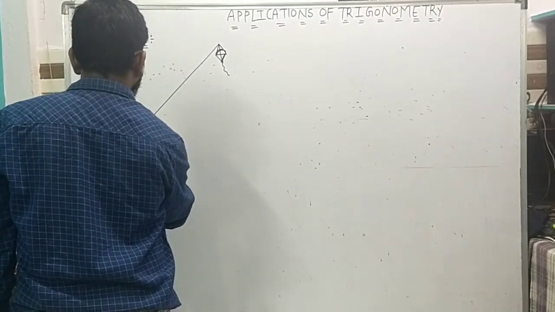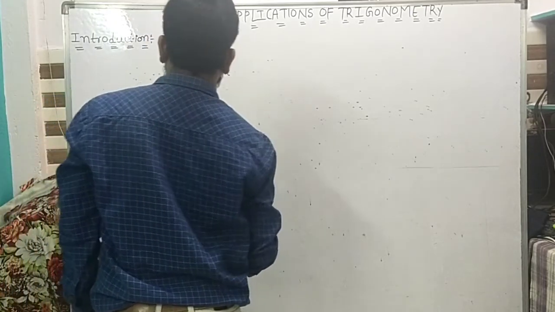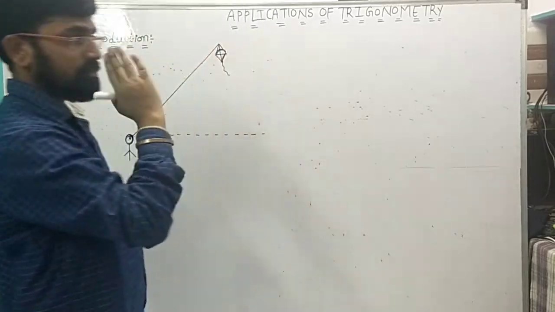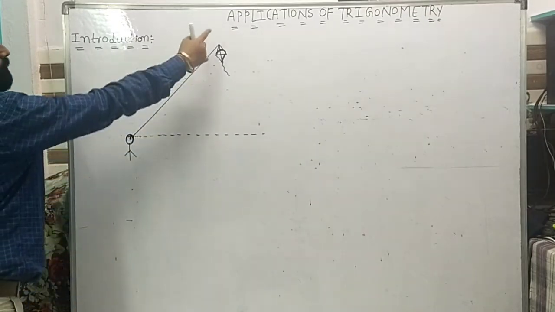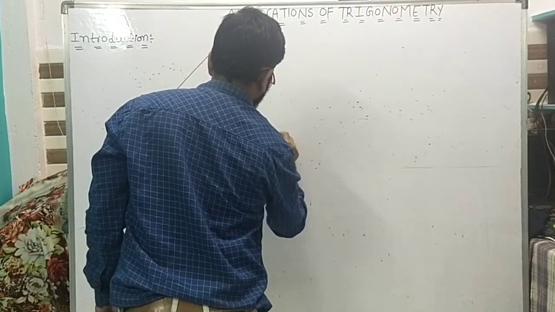Now this is called the normal horizontal line, or angle of normal. This is his straight eyesight, normal eyesight. He is seeing upwards.